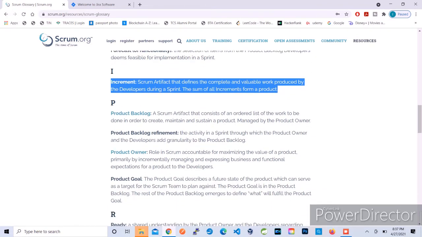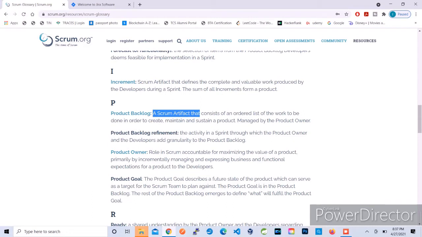Product backlog, a Scrum artifact that consists of an ordered list. So whenever the product owner talks to the business or the stakeholders, he finds what can be improved to give value to the product. Whenever the product owner finds a valuable item, he or she goes to the board or actually Jira or any tool that you are following. It can be an Excel, whatever, it does not matter.